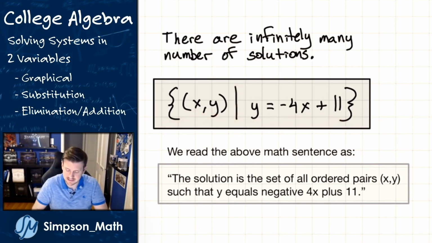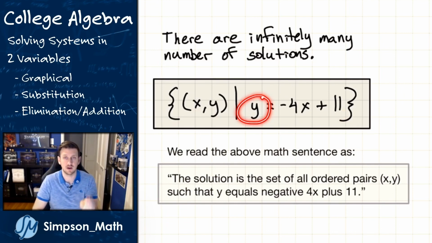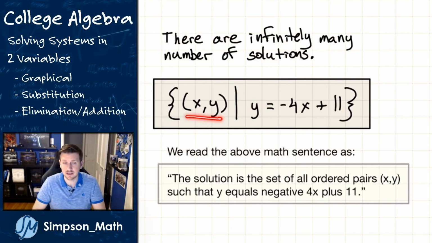All right, so this is defining the relationship between x and y. Now we can put any equation here, but I like to put the one where you've simplified, where you already have a y by itself or an x by itself. So I'm saying that it's all x's and y's as long as it meets this requirement.